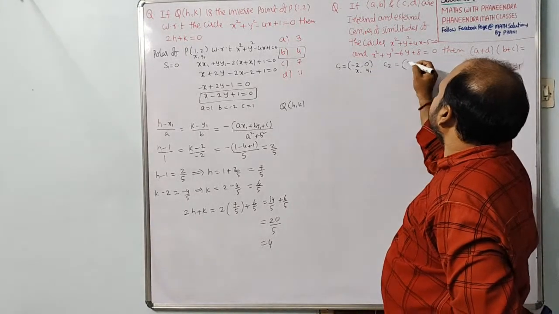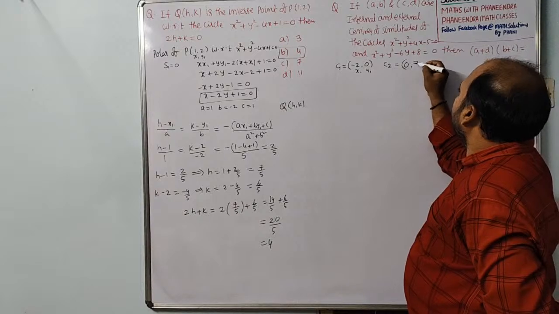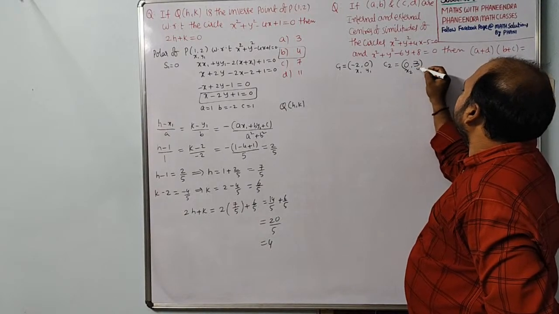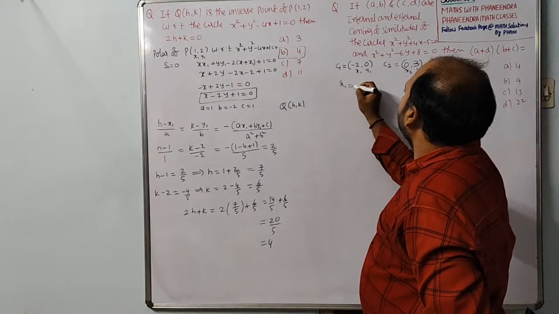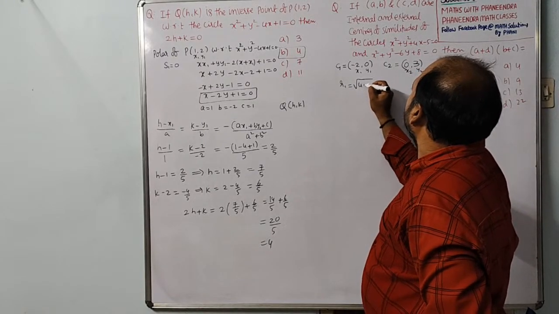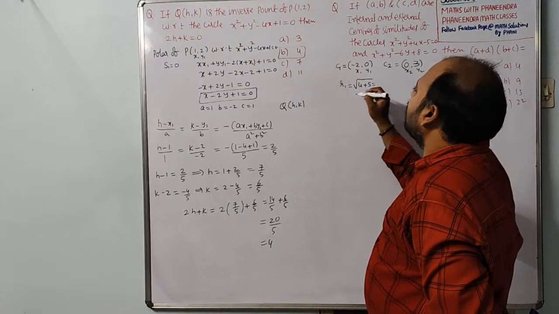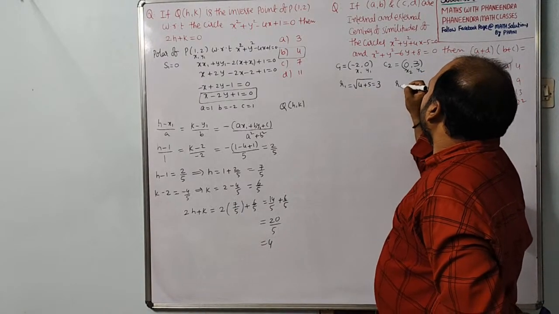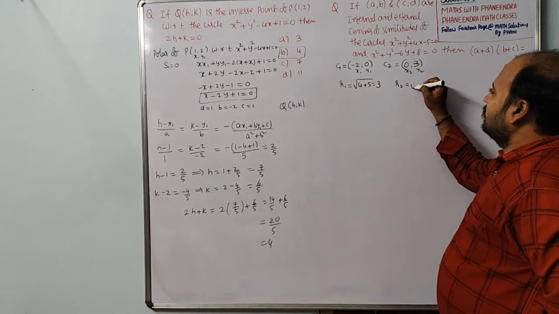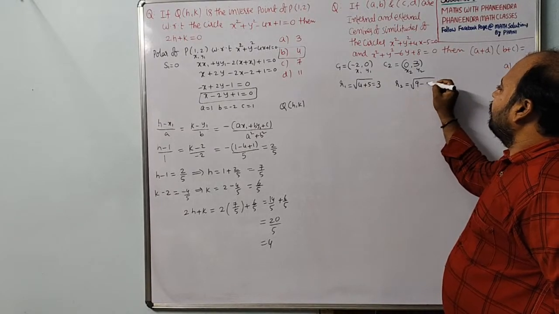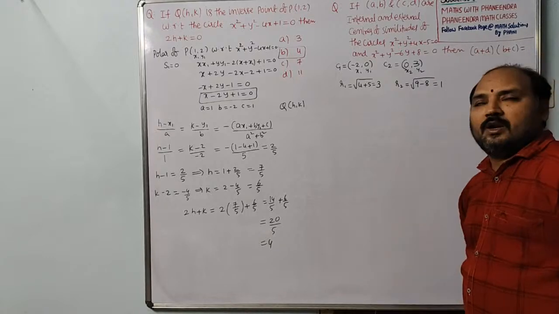C2, second circle center 0 comma 3, we can treat as x2 comma y2. And R1 and R2. R1 equal to square root of 4 minus 5, root 9 equal to 3, and R2 equal to square root of 9 minus 8 which is equal to 1.